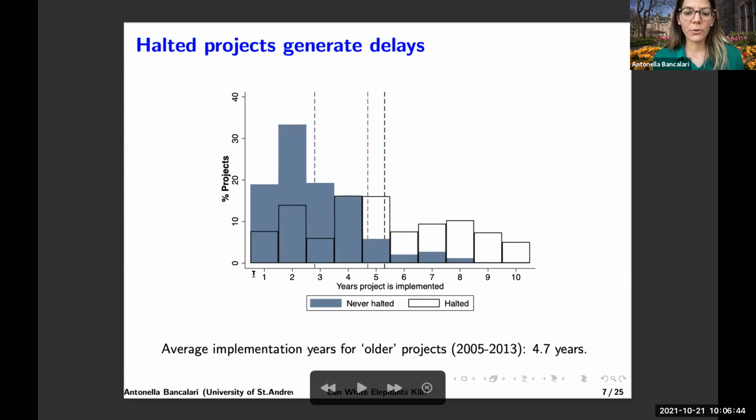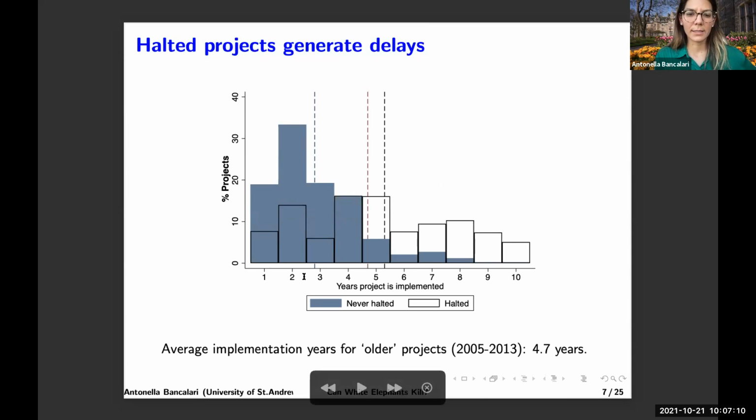And what I'm showing in this graph on the x-axis is the years projects are implemented, and on the y-axis, the share of projects. So essentially what we're having here is a proof that there are many delays caused by projects being halted. You can see that the histograms for projects that were ever halted is shifted towards the right, while the histogram for those that were never halted is shifted towards the left.